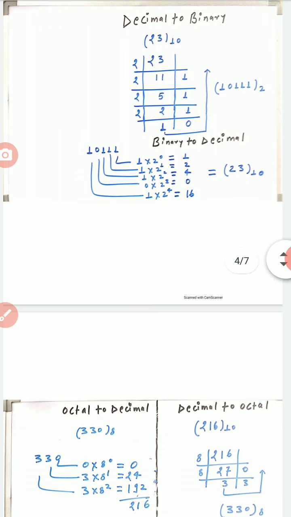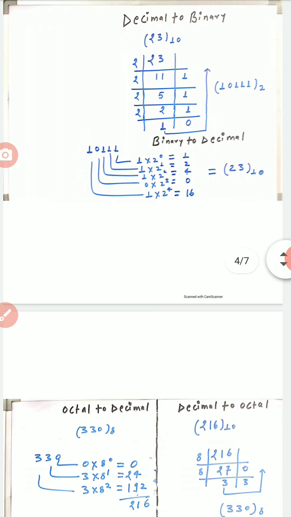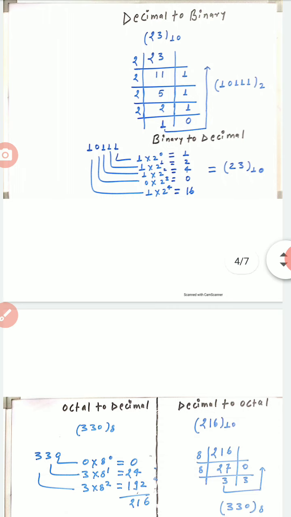If you know it, you can convert anything, because later when you convert any number to octal, hexadecimal, whatever it is, binary to decimal and decimal to binary is very important. So how to convert decimal to binary? By dividing by 2. And binary to decimal is by multiplying by 2.